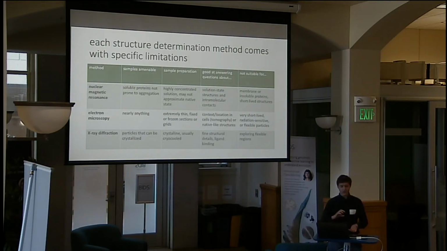Electron microscopy and X-ray diffraction will give us structures of something that we've frozen in one conformation. So for X-ray diffraction, we let the protein or whatever particle order on its own in solution, and it does retain a little bit of motion inside the crystal lattice, hopefully not very much.